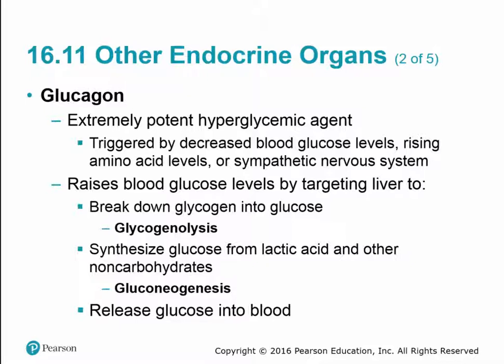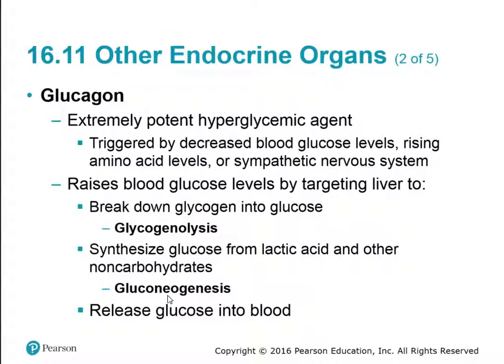Glycogen is basically the storage form for glucose. Excess sugar or glucose in the blood is converted into glycogen and stored in the liver. If we need to raise our blood glucose, we can tap into those reserves and break down that glycogen into free glucose. We can also synthesize glucose from lactic acid. That's gluconeogenesis.